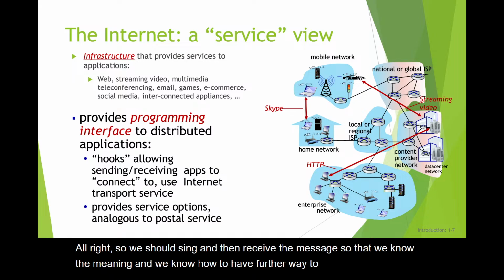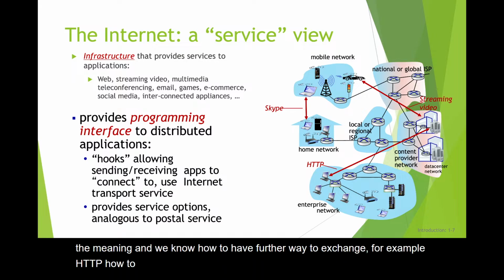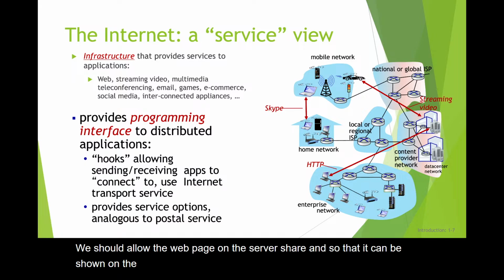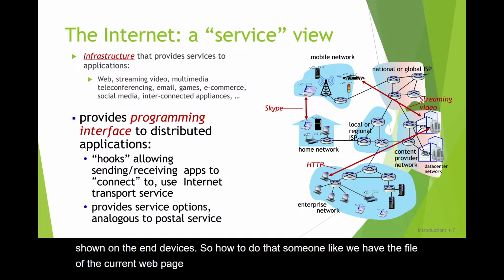For example, HTTP, how to have HTTP for the server. We should allow the web page on the server to be shared so that it can be shown on the end devices. So how to do that? Somewhat like we have the file of the current web page transmitted through the internet to the devices, right?